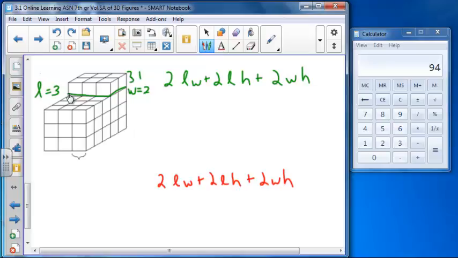Before we substitute into the formula, 5 times 5 is 25, and 25 times 5 is 125. The shapes are stacked on top of each other, and the label is cubic yards.